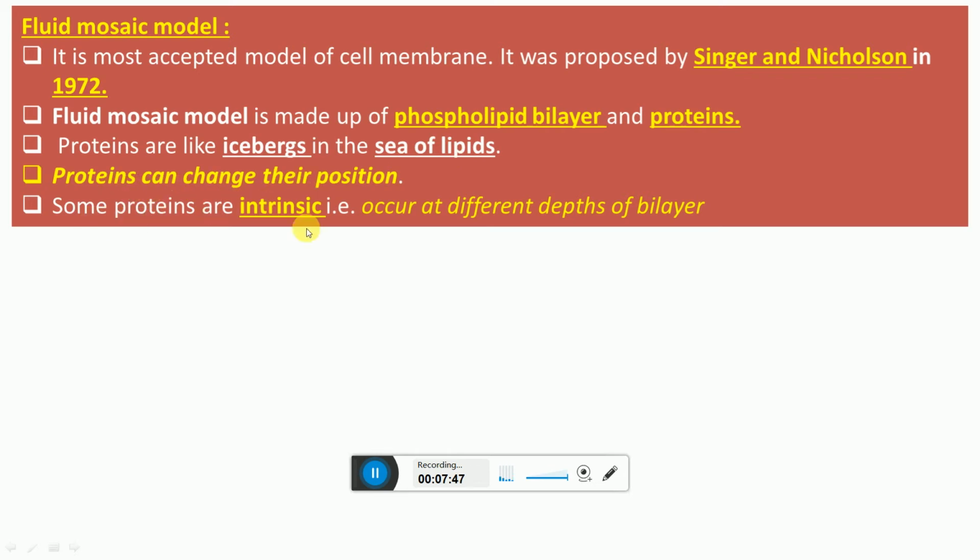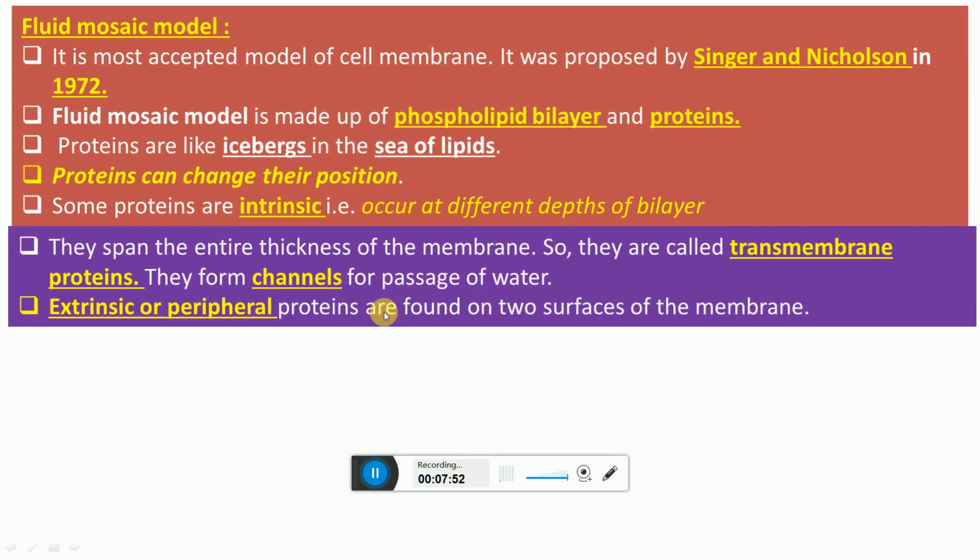Some proteins are intrinsic, meaning they occur at different depths of the membrane. They span the entire thickness of the membrane, so they are called transmembrane proteins, passing entirely from the outside to the inner side of the membrane. They form channels for the passing of water.